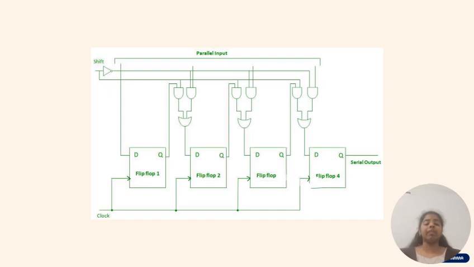The second AND gate takes the shift complement and normal D. These two AND gates are connected to the OR gate. This OR gate is connected to the next input D. Similarly, for D3 and D4, we'll follow the same procedure with two AND gates and one OR gate. As these are synchronous flip-flops, the clock is connected to them and the output is serial.